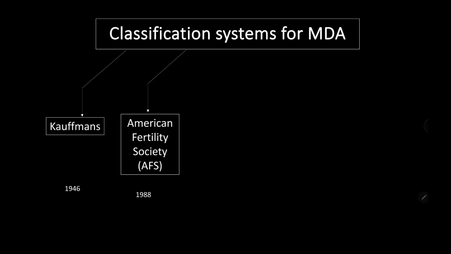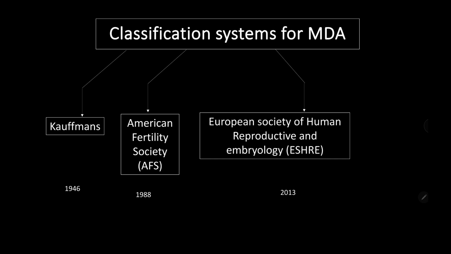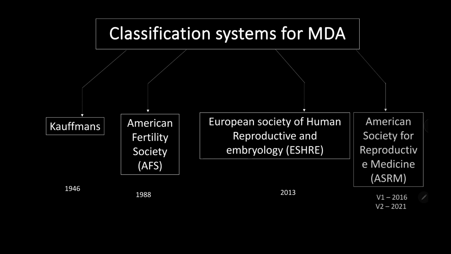However, in the year 2013, the European Society of Human Reproduction and Embryology (ESHRE) classification was created. And in the year 2016, the American Society for Reproductive Medicine classification was created, which was version 1, and was further updated in the year 2021.